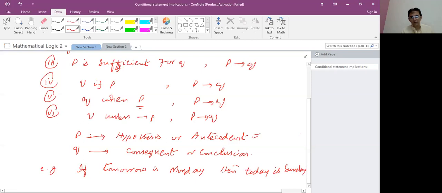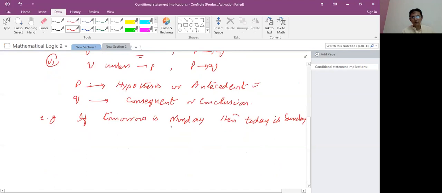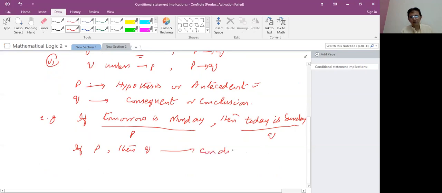So this sentence represents the conditional: if P then Q. So it means if P, then Q. This is called a conditional statement. In another way, we call it implication.